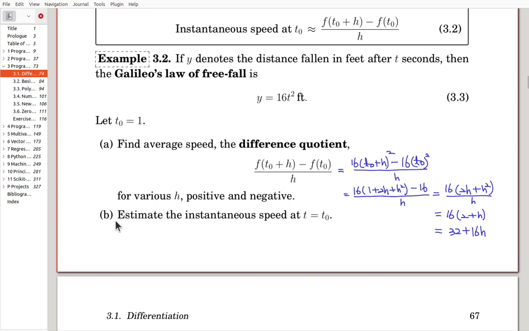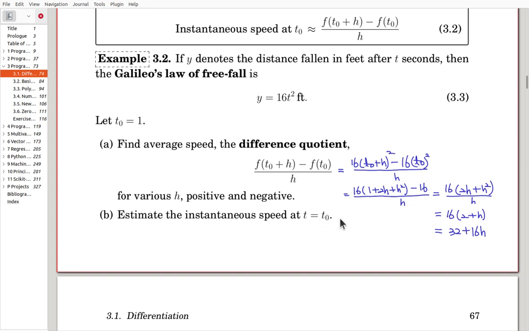Now, estimate the instantaneous speed at t equals t0. t0 is 1. Instantaneous speed can be obtained when h is very small. So we'll choose h smaller and smaller. h can be 10 to the minus 10, 10 to the minus 20, 10 to the minus 100, and so on. Then this value will approach 32.